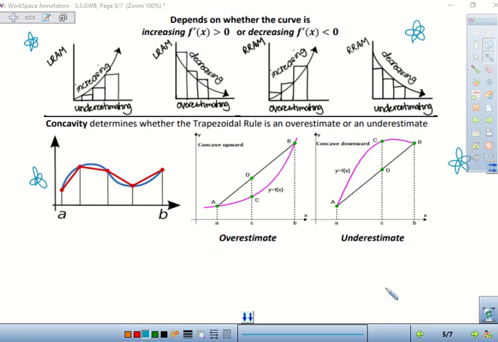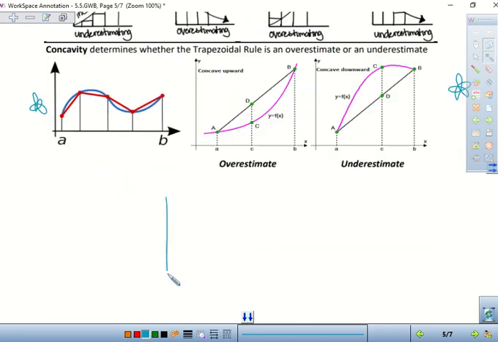Now, why does it not matter? For example, if we have a function that looks like this, would you say this function is increasing or decreasing? Increasing. If we were to use trapezoidal method here, would we have an overestimate, an underestimate, or neither? What do you guys think?